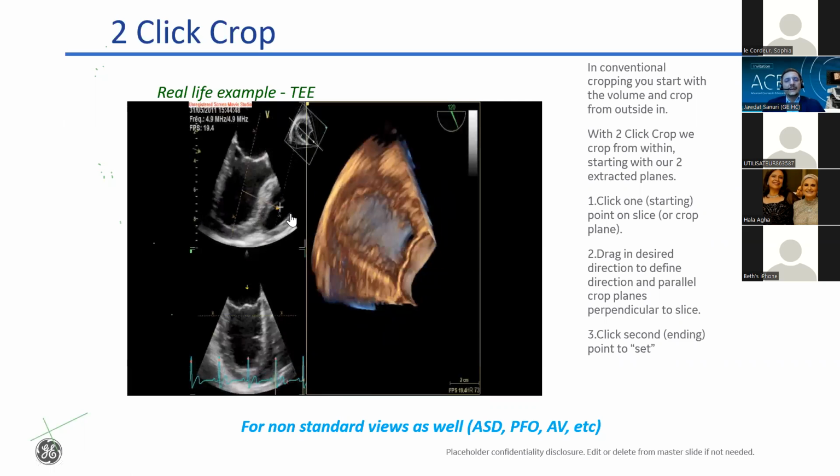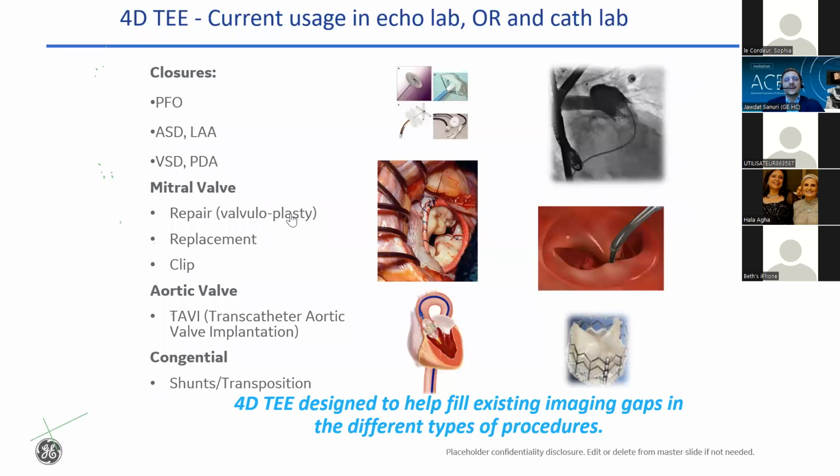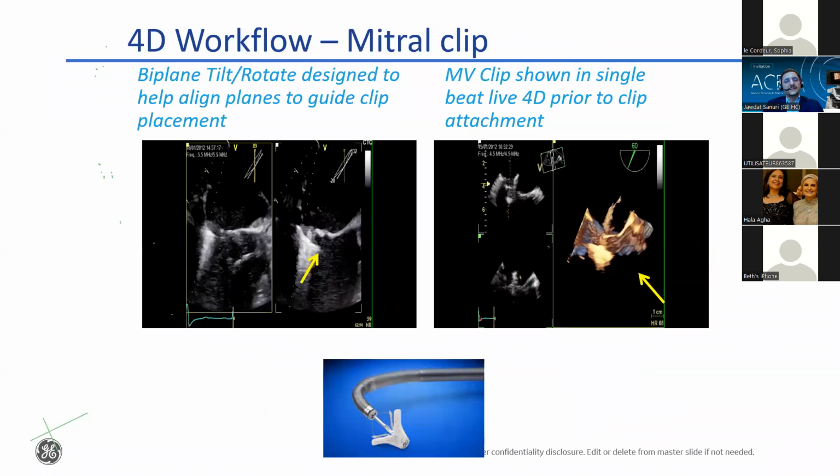So this is how we can utilize 2-click crop to crop further, regardless of what kind of procedure, especially when we are doing live scanning, especially in structural heart diseases, where we are visualizing and guiding the implantation of TAVR or ASD closure devices or mitral clip or band or whatever type of structural heart procedure.